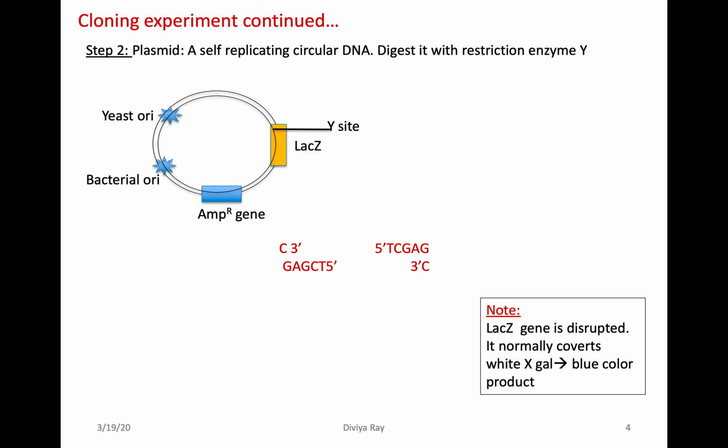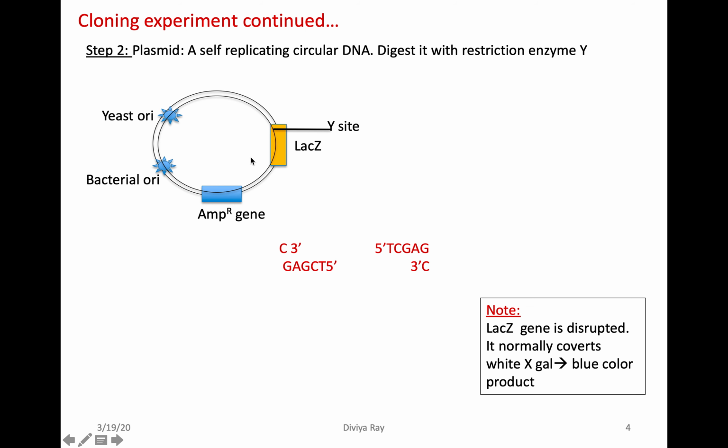ampicillin. Now, along with ampicillin as a selection marker, it also has a screening marker, which is the LAG-Z gene. This gene, when expressed, makes an enzyme which can convert the substrate white XGal into a blue color product.